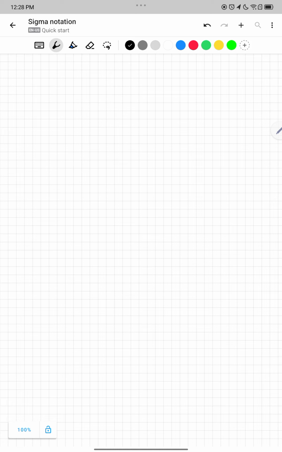So Sigma notation is notation to express the summation of terms.